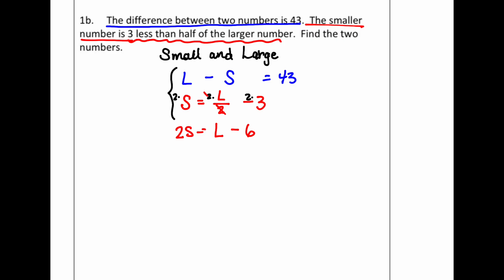Now I'm looking at the top one, the blue one, and the bottom one, they're not in the same order, are they? So I'm going to subtract L from both sides and put it in the same order as the one at the top.